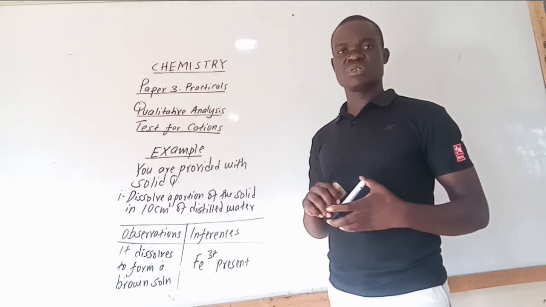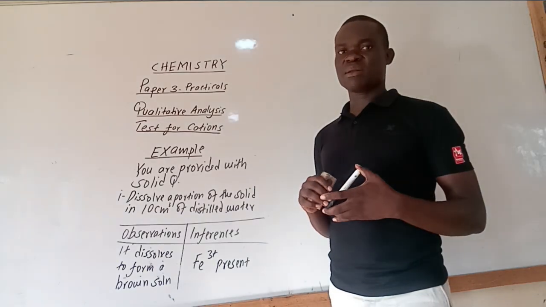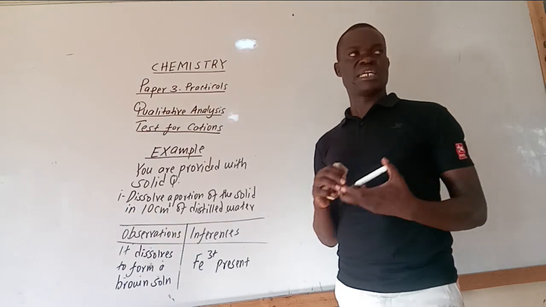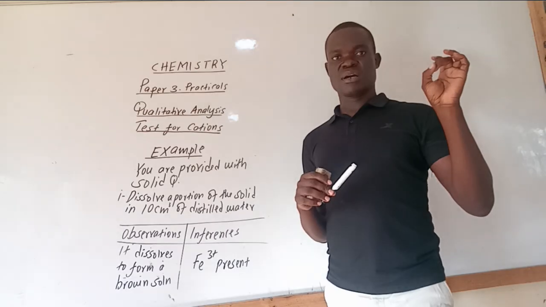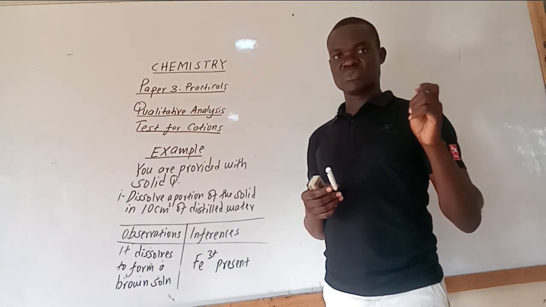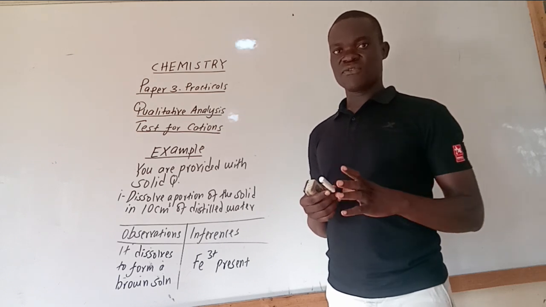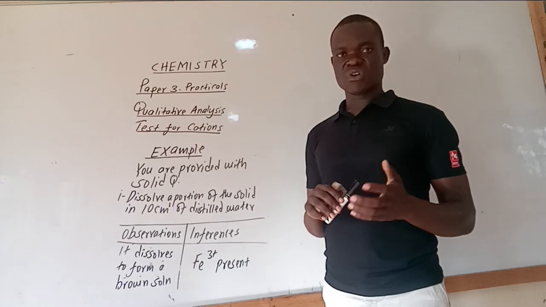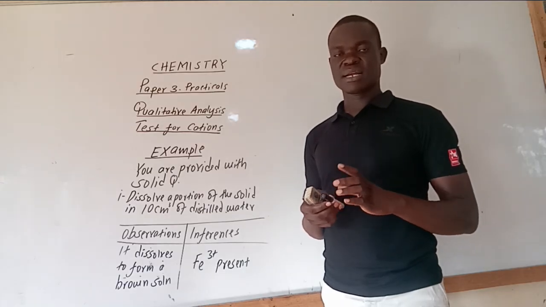Some polar molecules, for example alkanols and alkanoic acids, have hydrogen bonds that make them soluble in water. Next, we want to focus on colorless ions.